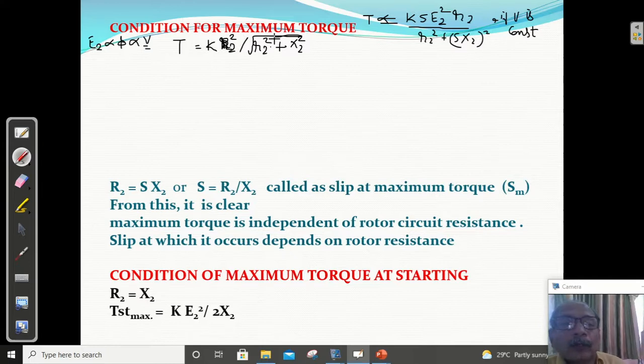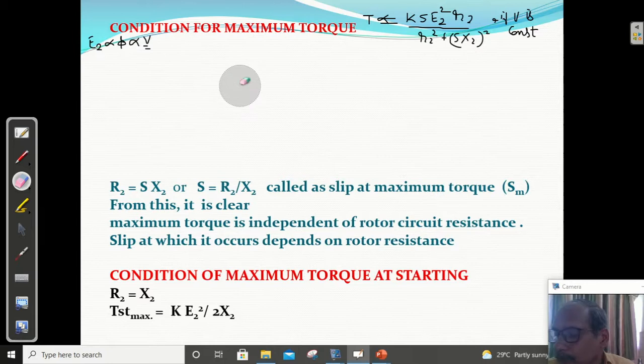Sorry, it is not under root. So I'm going to discuss this expression: T running equal to K S, sorry, I'm assuming the initial supply voltage is constant, right?